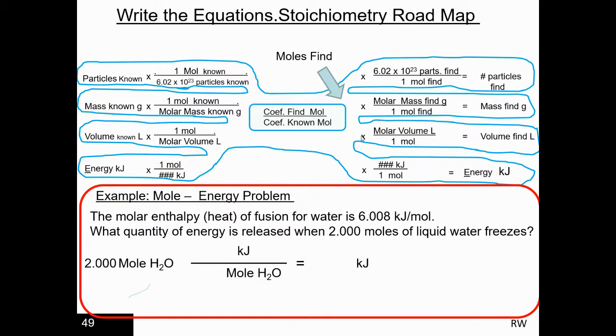Notice this time we're going to use this exactly the way it is, 6.009 kilojoules over 1 mole. So the 6.009 kilojoules goes in the numerator and the 1 mole goes in the denominator. Check your units. Moles of water cancel. Now, stop the tape, do the math, come back when you're done.